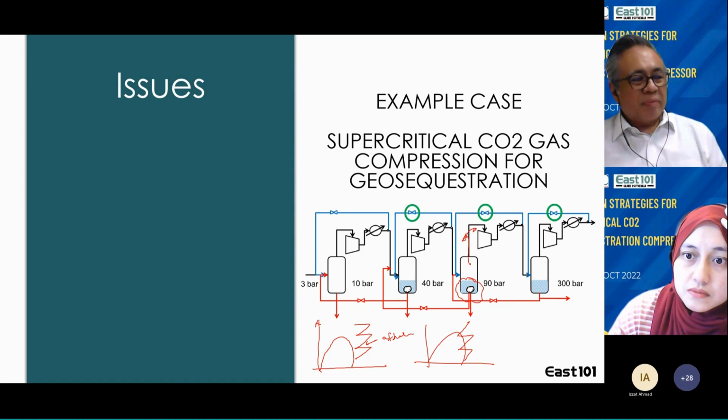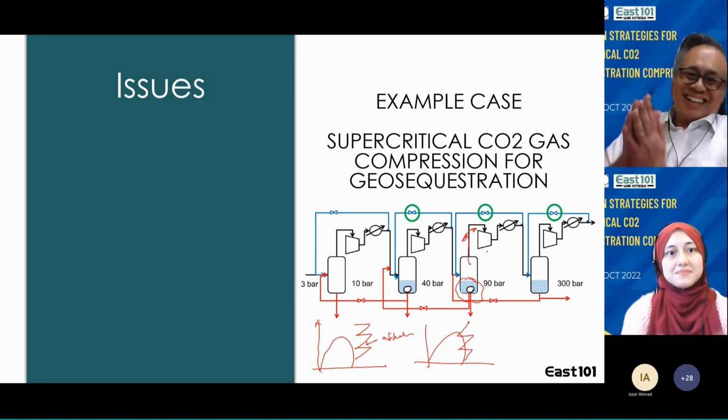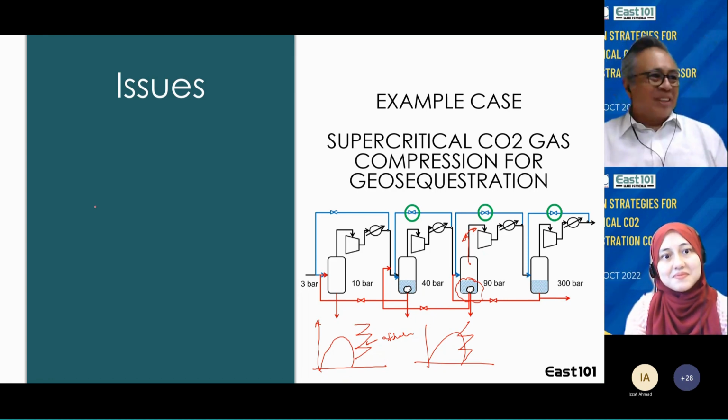The problem is, for example, after the third stage, the whole gas becomes liquid. When something like that happens, it's because you've reached the cricondenbar. The solution is a very good question, because I used to encounter this a lot.